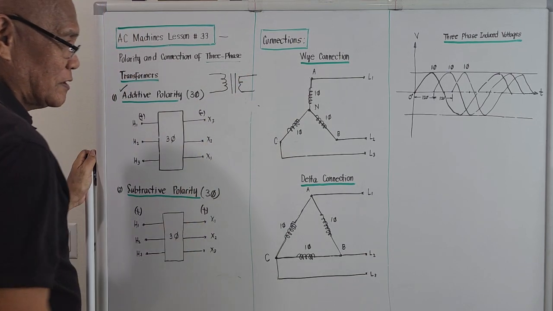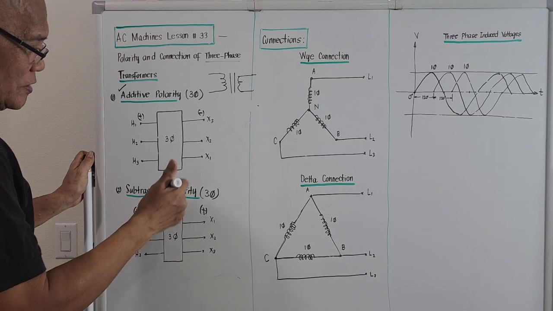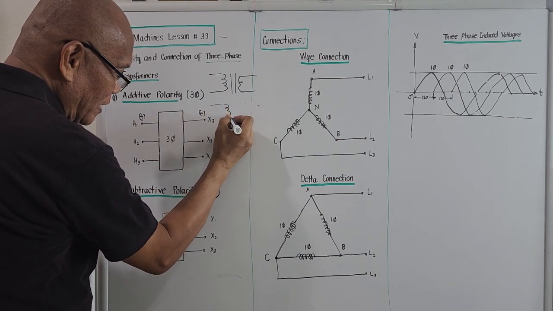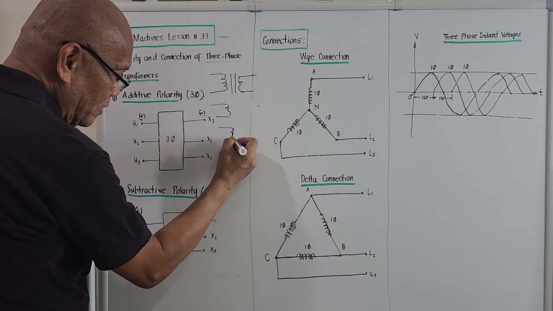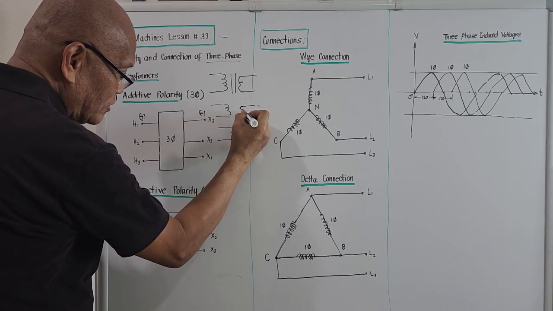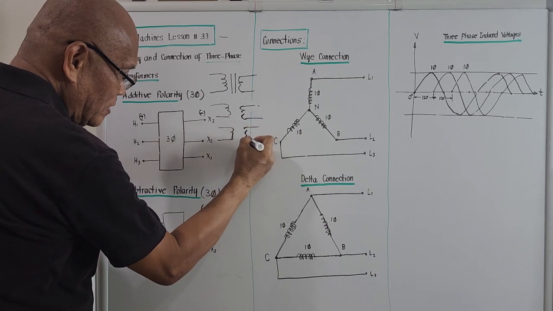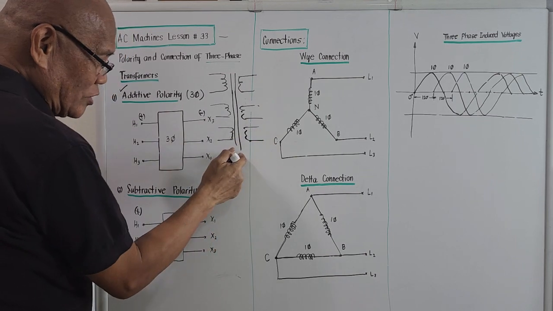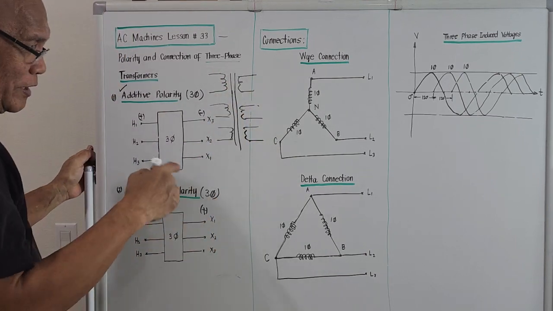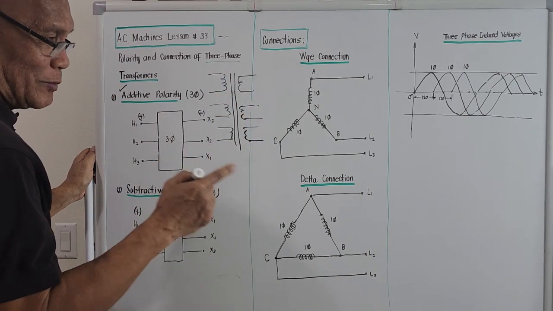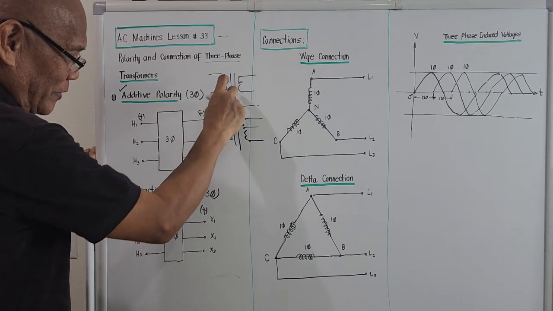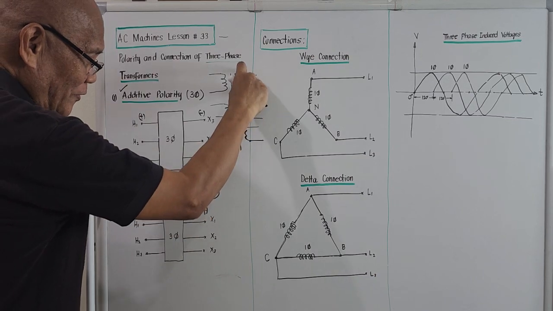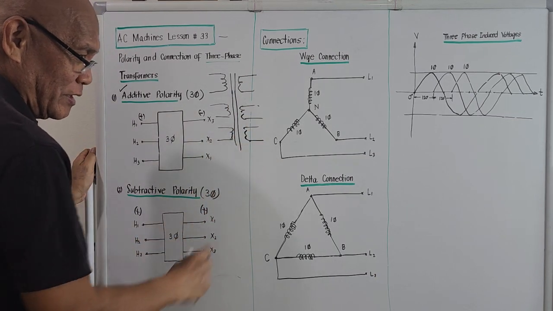But for three-phase, we add two more, even on the secondary side. So for three-phase, it's like this. It's more complicated. For it to be three-phase, there should be three single-phase windings on the primary and three single-phase windings on the secondary.